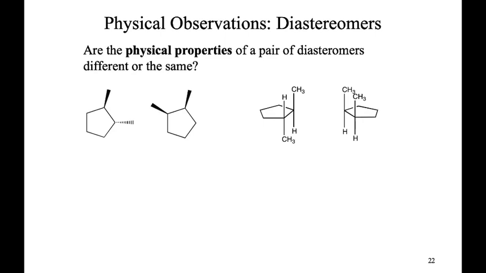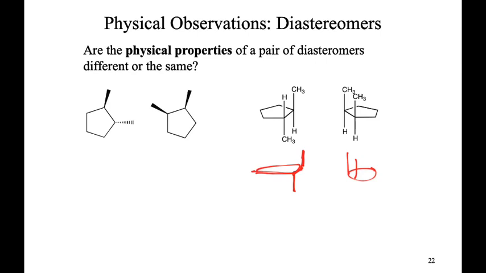So these are both two representations of the same thing. We have one that kind of looks like this, ring stacking out like that. Are those going to interact with each other differently? If they interact with each other differently, that means different surface contacts, which means different physical properties, like boiling points, melting points.